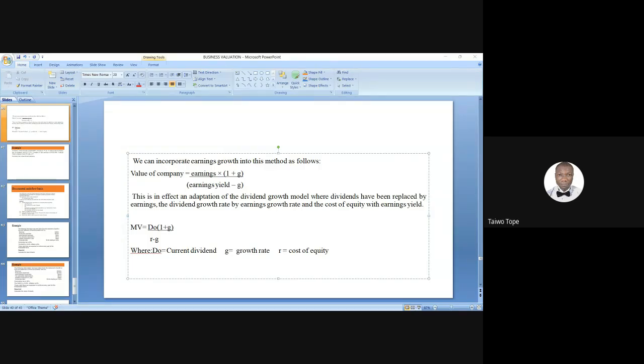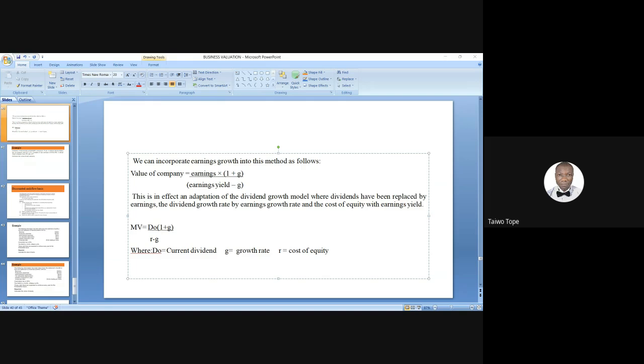So valuation using earnings yield basis can be calculated as earnings divided by rate of return. Some schools of thought say it is earnings divided by market value.